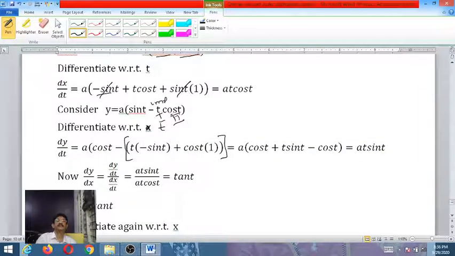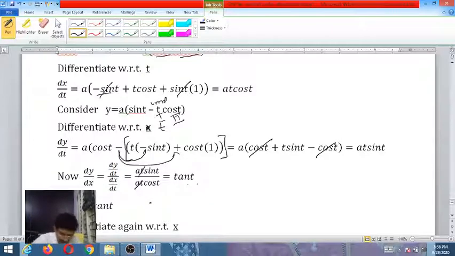First t, the second is cos t, whose derivative is minus sin t. Plus cos t, the derivative of t is 1. Multiply this minus into minus, plus. Again this minus into plus, minus. cos t minus cos t cancel. It is a t sin t. So dy by dx is dy by dt by dx by dt. Here a t and a t get cancelled. Sin t by cos t is tan t.